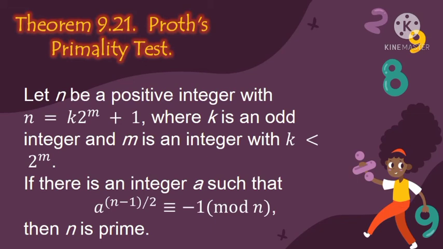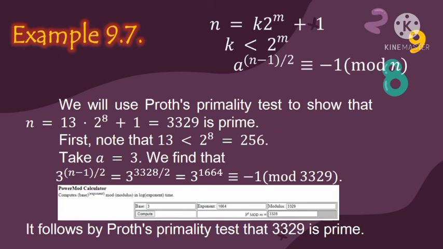Let's have an example. Example 9.7. Here, we will use Proth's primality test to show that n equals 13 times 2 raised to 8 plus 1, which is 3,329, is prime. The value of our k is 13 and the value of our m is 8. First, note that 13 is less than 2 raised to 8, which is equal to 256.